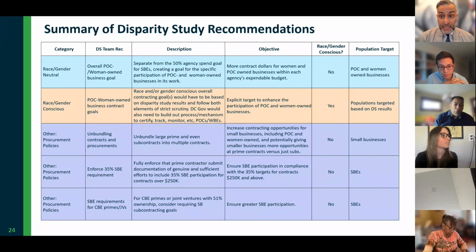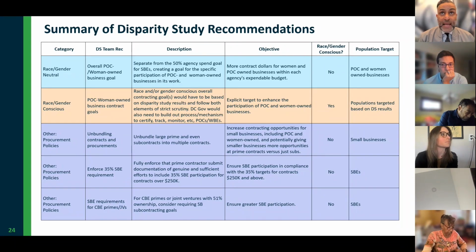Second, we think it's important they consider the use of race and gender conscious participation goals on individual contracts and procurements that are separate from, or different at least from, CBE goals. But the way these goals would work is on a contract by contract basis.